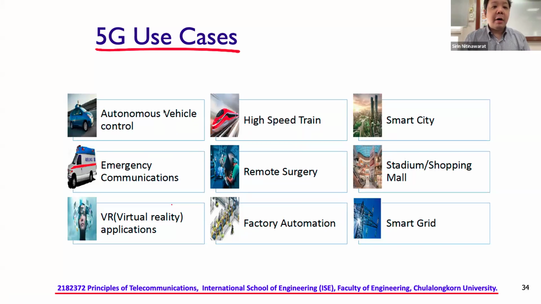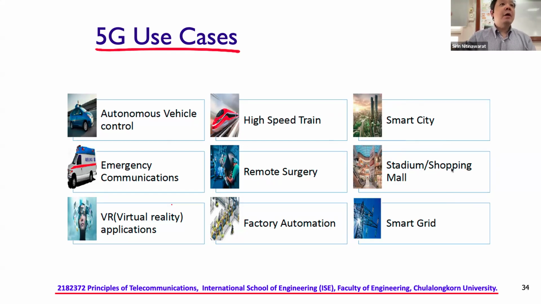We talk about autonomous vehicle, remote surgery, virtual reality, factory automation, but there are other important application use cases here as well, something like smart grid, high speed train with the users being in high mobility, emergency communication, which is very mission critical, stadium and shopping mall.